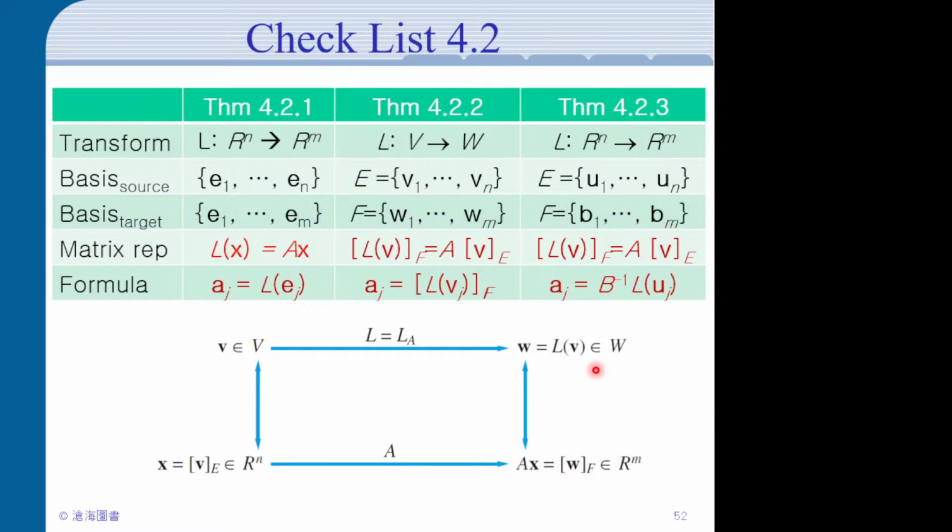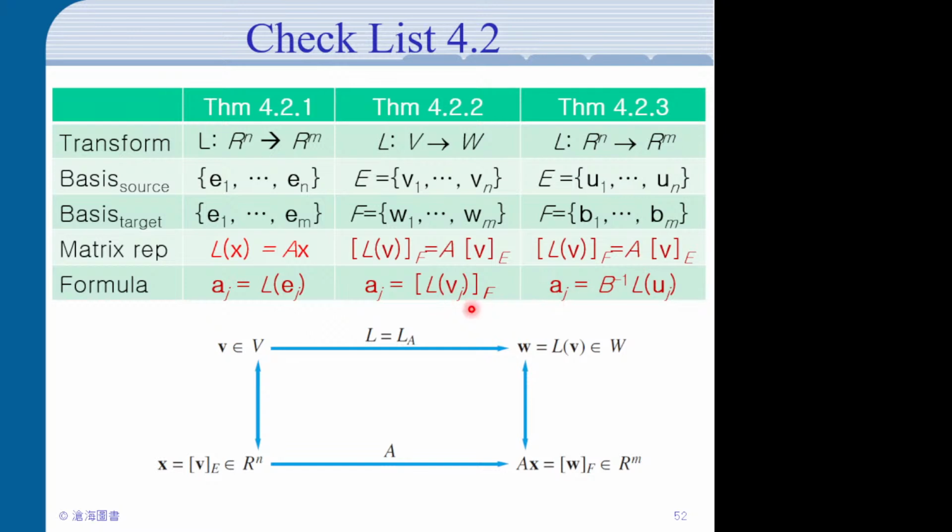This matrix representation is really the same, but now we are in Rn, and we have a really complete expression for the bases E and F. So basically you have E and F in terms of the standard basis, and so we have a closed form formula for our Aj here.